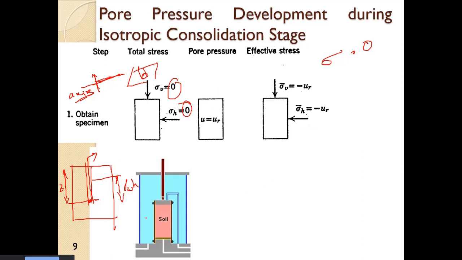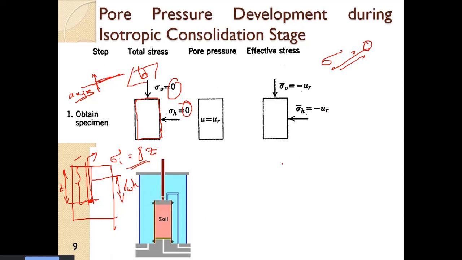But that sample was initially subjected to a sigma initial equal to gamma into Z, where gamma is the bulk unit weight, the saturated unit weight, of everything on top per unit area at this depth. That is the total stress acting on the soil previously, before taking it out. Now, when we place it here, the total stress on the soil is 0.